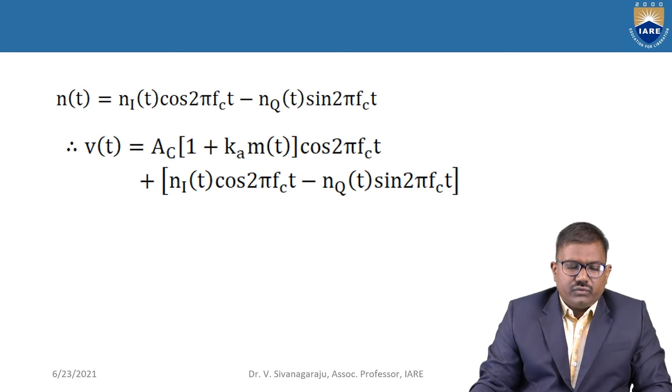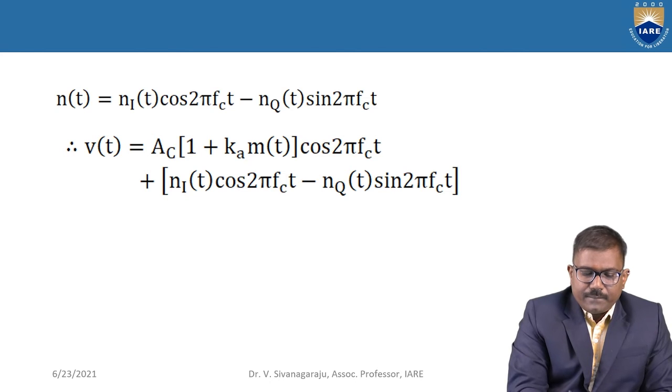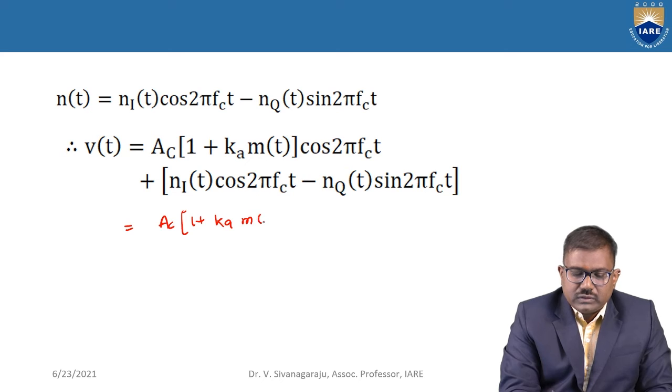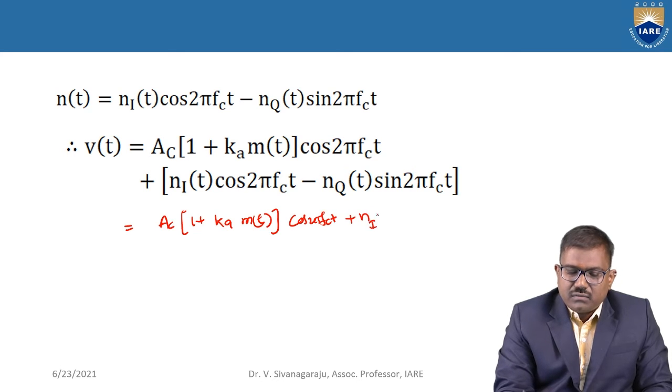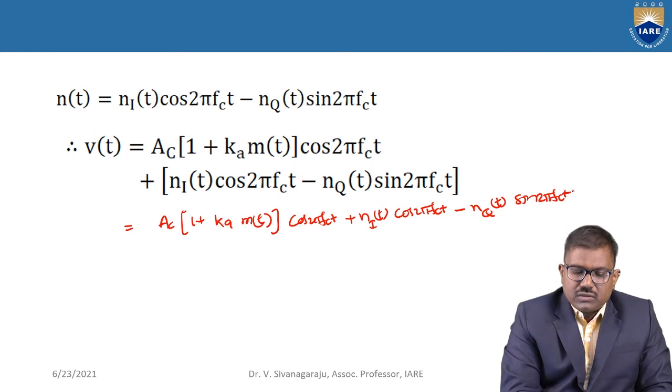Because here the V of t contains AC into 1 plus Ka m of t, times the cos 2 pi fct term, plus n I of t cos 2 pi fct minus n q of t sin 2 pi fct term. So here I am going to take common these cos terms.